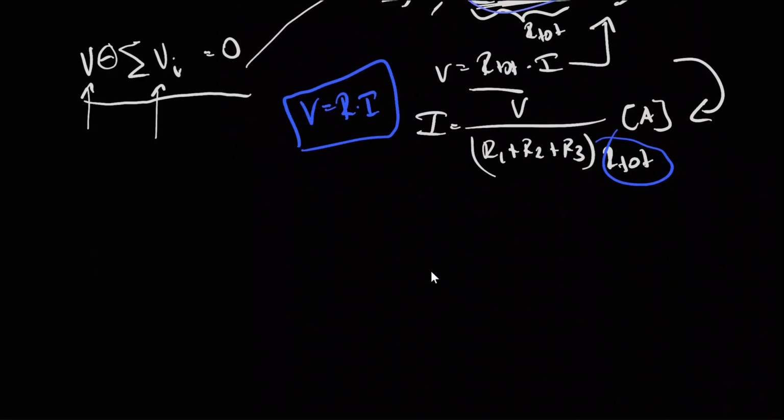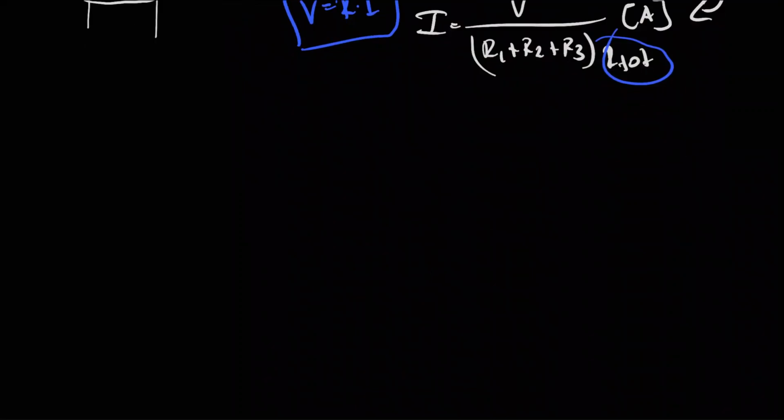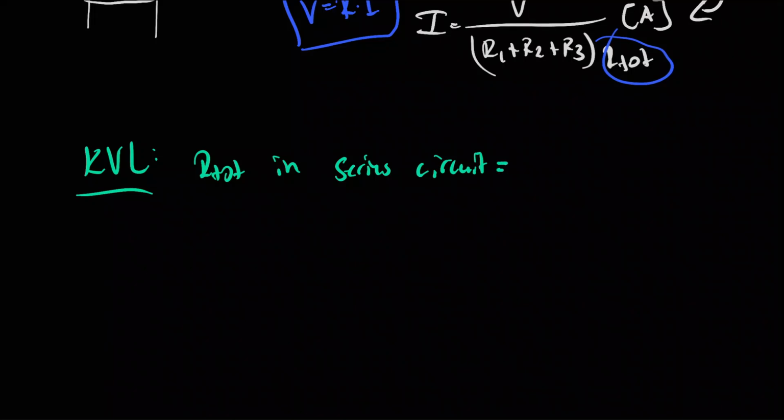So let's recap this session. So we say that KVL, I'll call it that for now. KVL is Kirchhoff's voltage law. So we say that KVL means that R total, the total resistance in a series circuit, I'll write it like this: R tot in series circuit is equal to the sum.